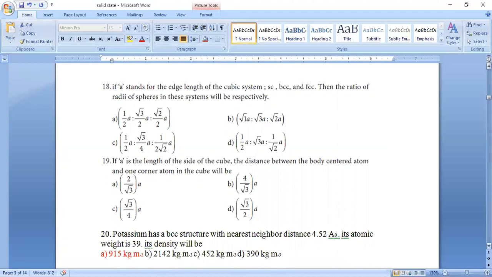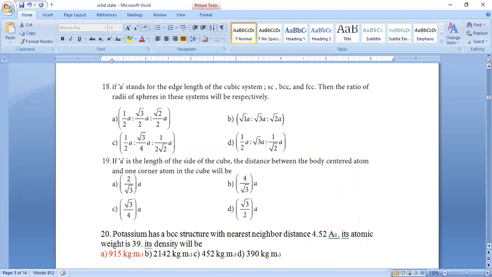So how to calculate this? For simple cubic, 2R is equal to A. So for calculating the cubic length, the formula is 2R is equal to A. So R only we are going to calculate. So R is equal to A by 2. So for BCC, formula is 4R equal to root 3 into A. So R is equal to root 3 A by 4.